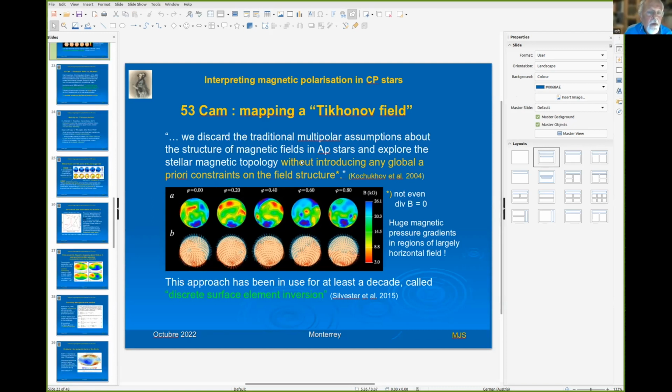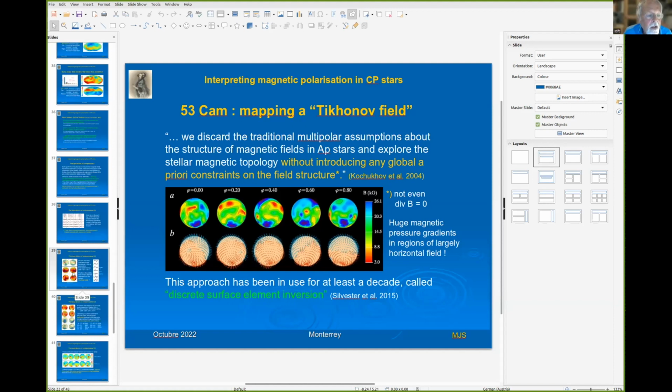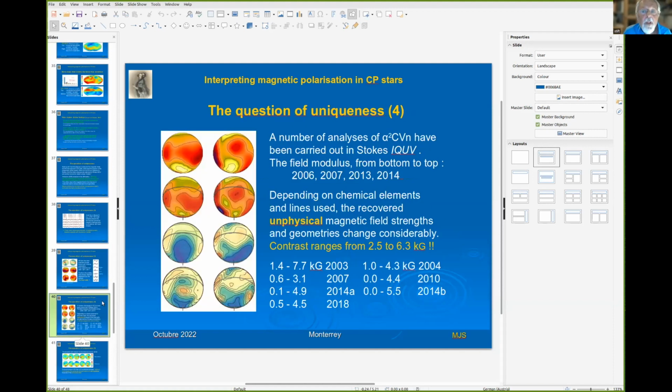No, it's the alpha squared CVn. Is it this one you mean? Yes, that one. The question is whether this range of fields that varies a lot has been obtained by the same group, or whether each date is different because of something.